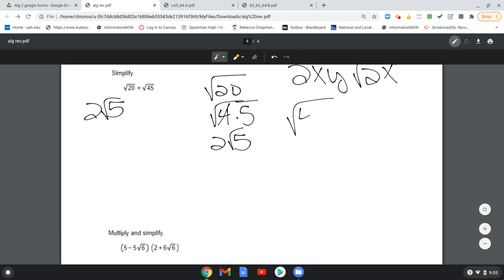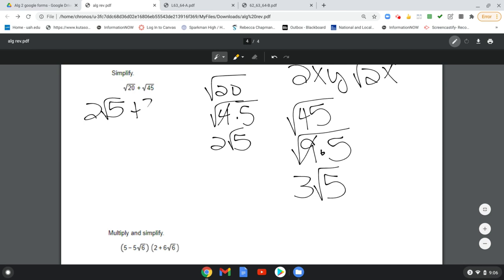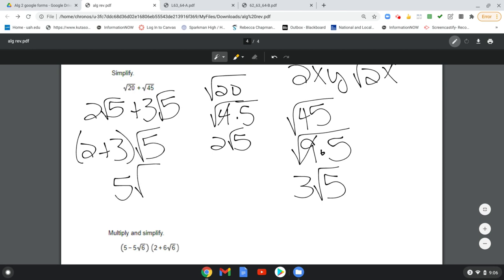The square root of 45 breaks down to the perfect square factor of 9 and 5. I can take the square root of 9, but I cannot take the square root of 5. And so what I should be thinking is 2 plus 3 square roots of 5 would give me 5 square roots of 5. And that would be my final answer for that one.